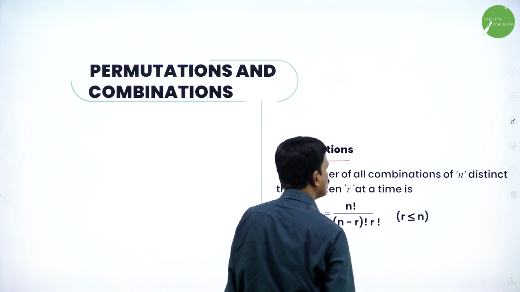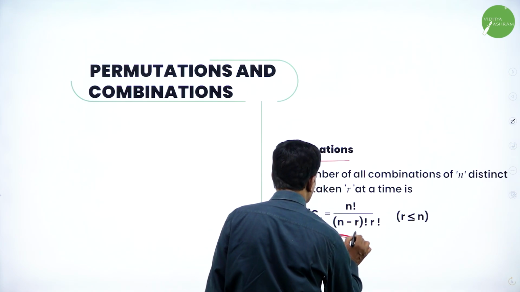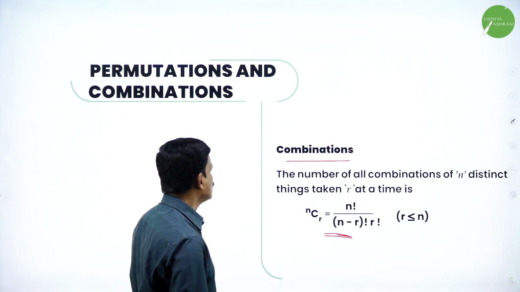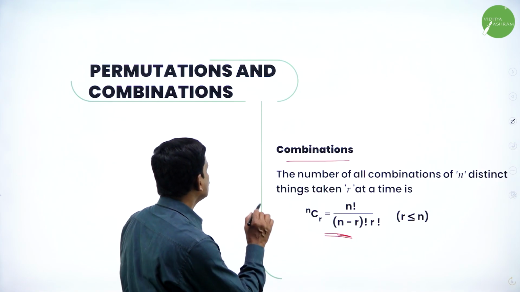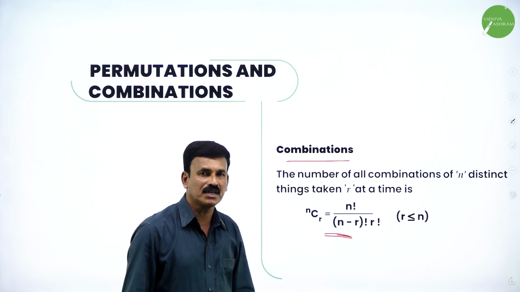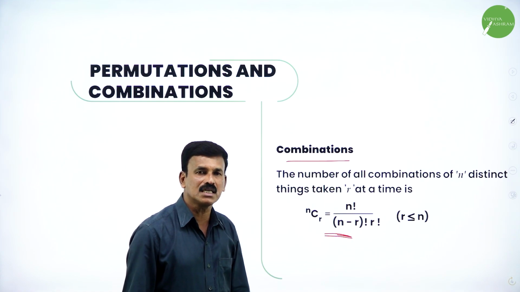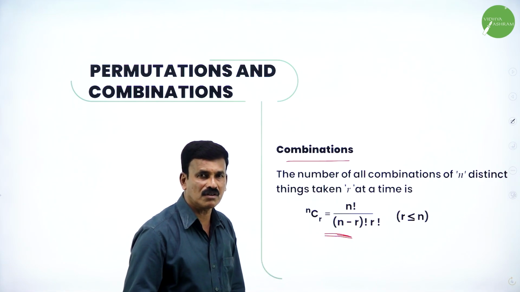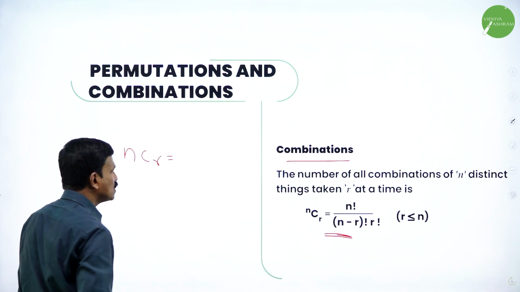The number of all combinations of n different things taken r at a time is denoted as nCr and is given by nCr is equal to n factorial divided by (n minus r) factorial into r factorial, where r is less than or equal to n. So the combination is nothing but nCr.